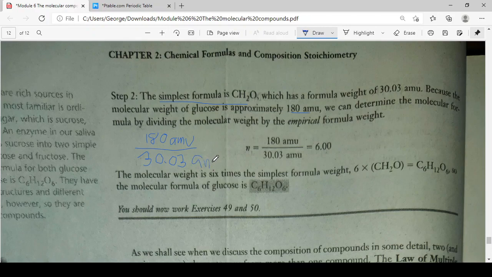Cancel all those like units and now you have a 6. Next, what do we do with the 6? The molecular weight is now 6 times the simplest formula.